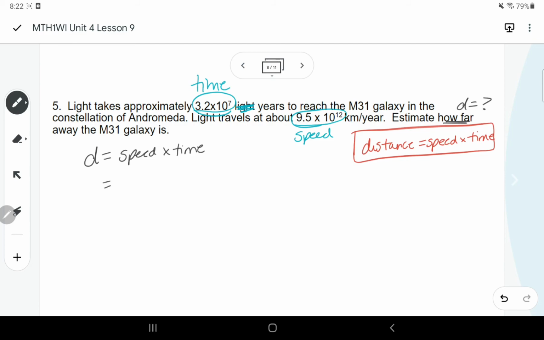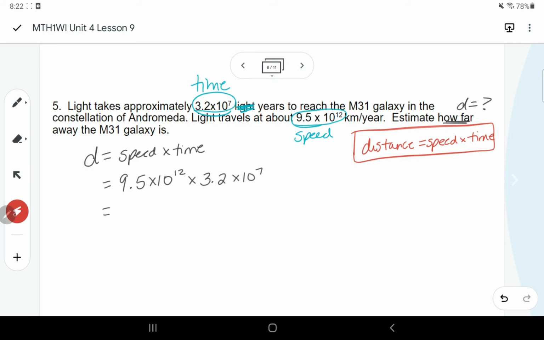So here we've got our speed, 9.5 times 10 to the exponent 12, times time, which is 3.2 times 10 to the exponent 7. Now, do you see something here that looks similar to what we did with our exponent rules? I've got 10 to the exponent 12 and 10 to the exponent 7.